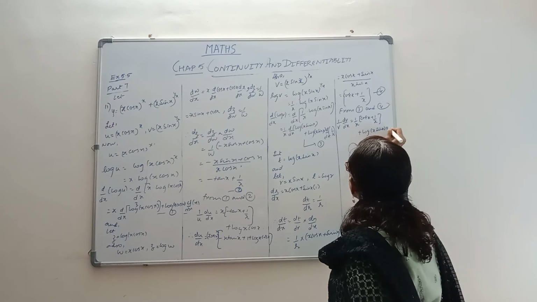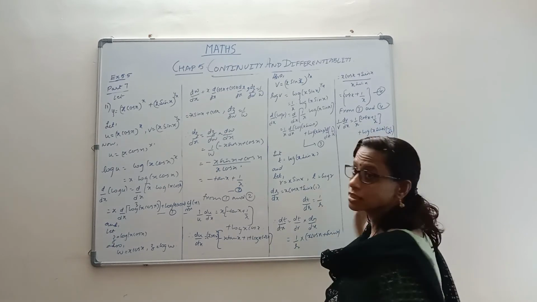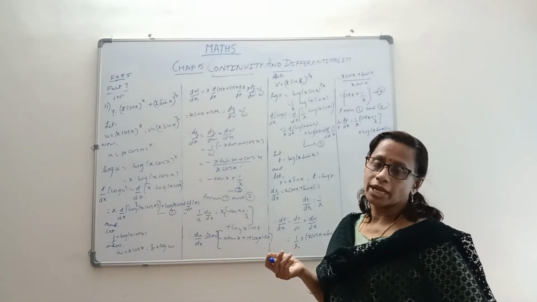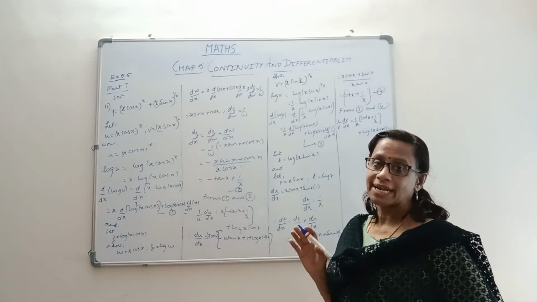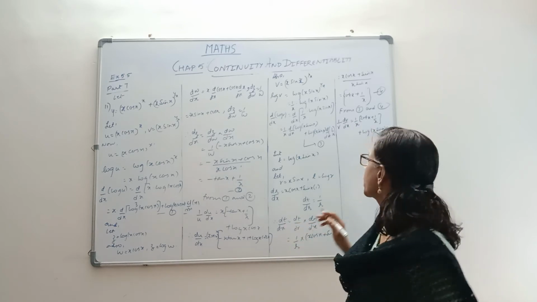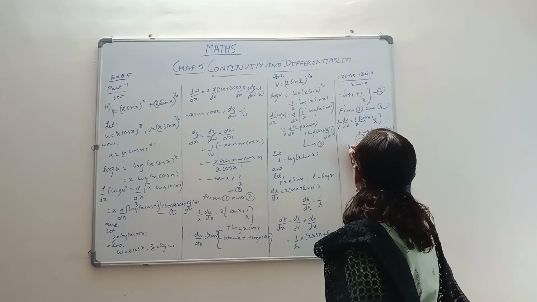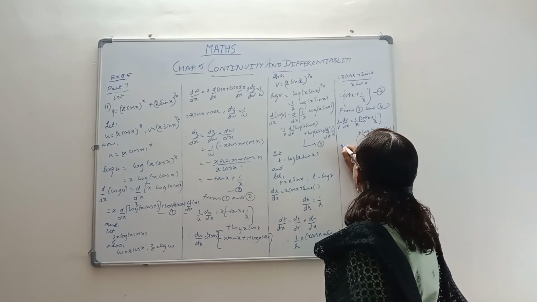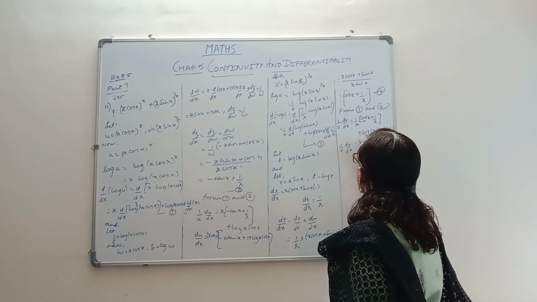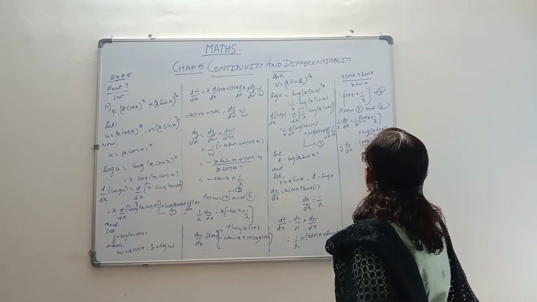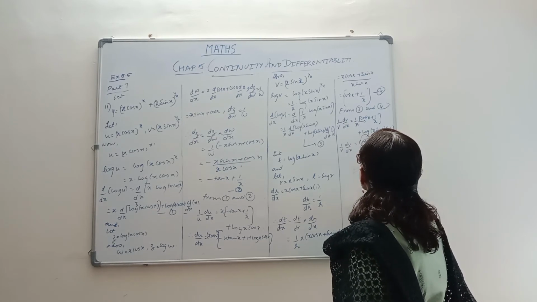Derivative of 1 by x is minus 1 by x squared. We have done this in our table in the first exercise, or otherwise you can also get it by the formula: x raised to n, derivative n x raised to n minus 1. That way also you can get it. Now what will happen when we open this up? We get 1 by v times dv by dx is cot x by x plus 1 by x squared, minus log x sin x by x squared.